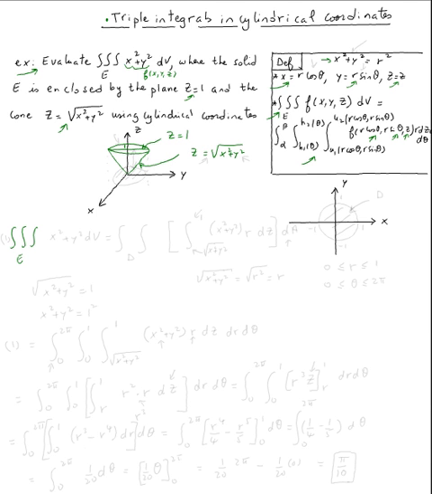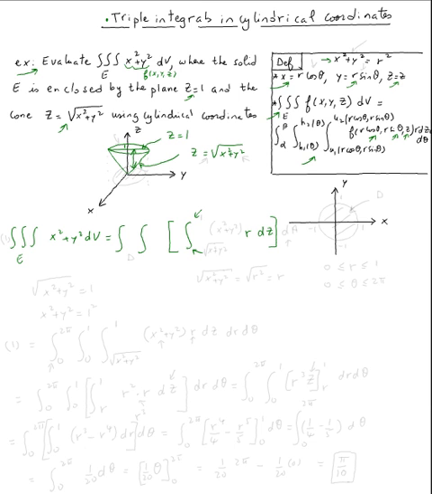The triple integral over E of x squared plus y squared dV is equal to, we always start from the inner integral. We want the z, so the inner one will be dz, with an r there, don't worry about it. Since we have a dz, those limits of integration are going to go from z equals something to z equals something else, from here to here on the solid.